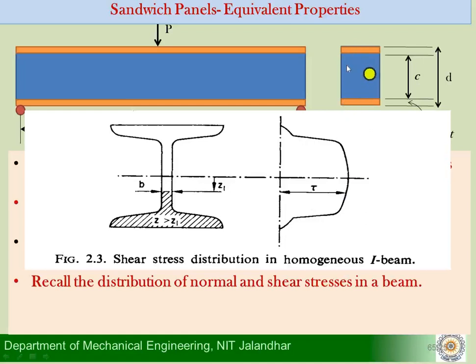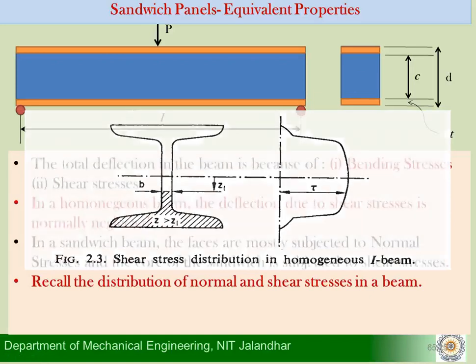So the core, the blue portion here, is subjected to shearing, and the shearing stresses are higher in the core than those in the face of the sandwich, and that is why we cannot neglect the deflection produced by this shearing, which is there for the core material here. So that's the basic reason why we cannot neglect the deflection produced because of the shearing.